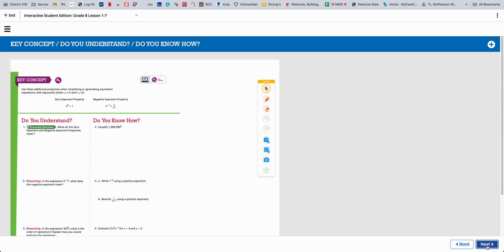Zero exponent property: a to the 0 is 1. Any number to the 0 power is 1. The negative exponent property is a simple rule. If it has a negative exponent, it goes from the top to the bottom or the bottom to the top. Simple rules. If you keep telling yourself they're confusing, they will be. If you start telling yourself they're simple, maybe they'll be that way.